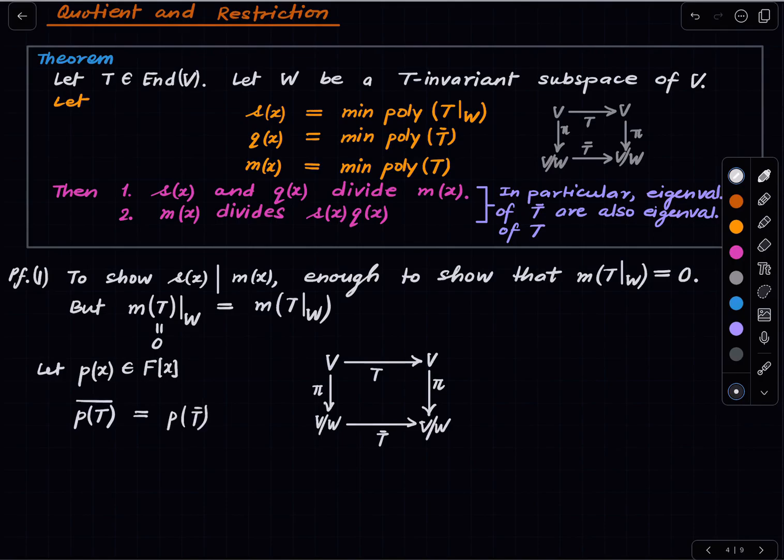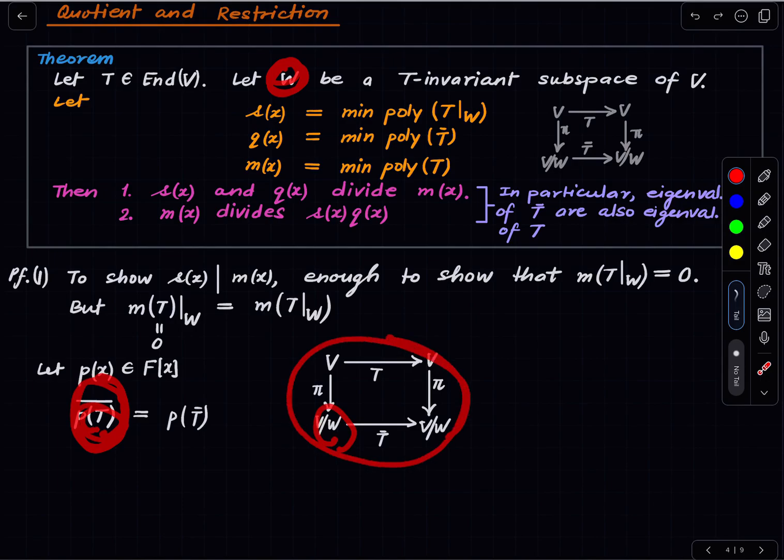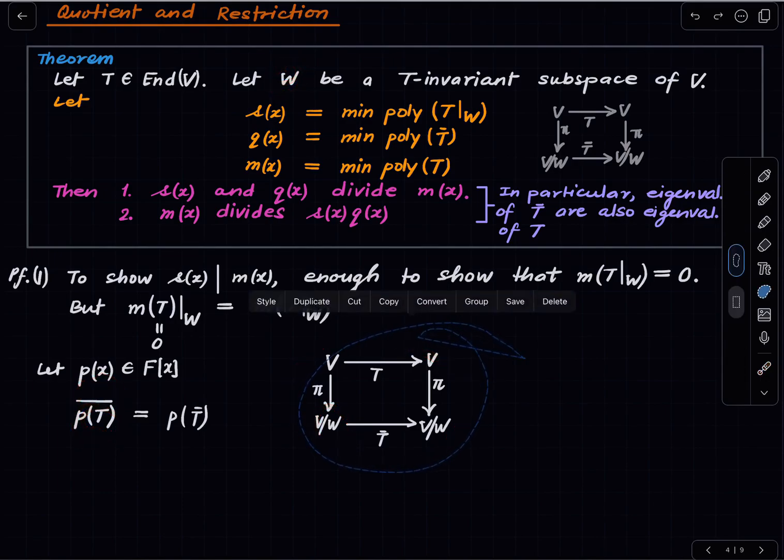Now this has to be explained. What does this mean? P(T) is an endomorphism on V, and since W is T invariant, it is also P(T) invariant, a very simple exercise. And therefore P(T) bar is an endomorphism on the quotient. So this diagram actually also leads to a cousin diagram, which let me draw.